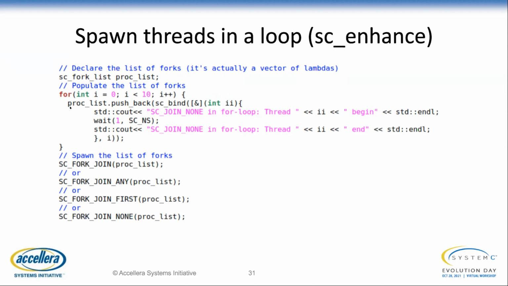Once you have this list constructed, you have these macros: scfork join any, scfork join first, and scfork join none. You pass the list as argument, and you can do any type of joins on all these threads once you have spawned them all.